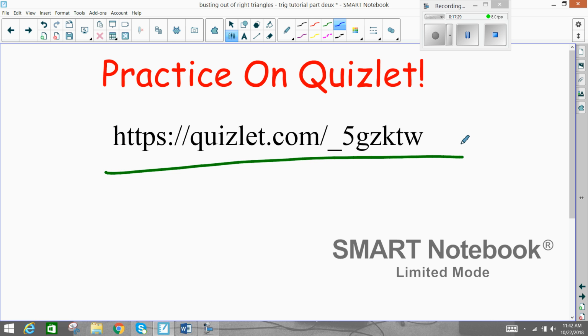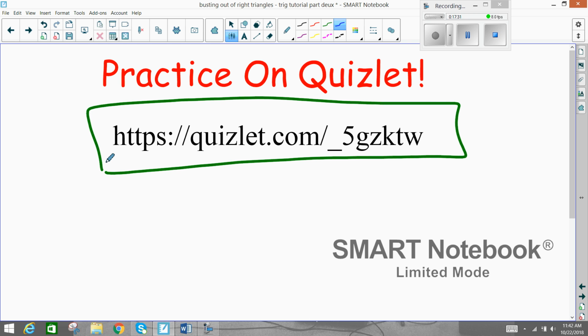So here is the Quizlet that you can practice on. You can practice finding reference angles, and you need to get really good at this because the next phase is going to be, what is the sine of 2 pi over 3? And that is where your classmates have been confusing you when they're like, oh, I know what that is.